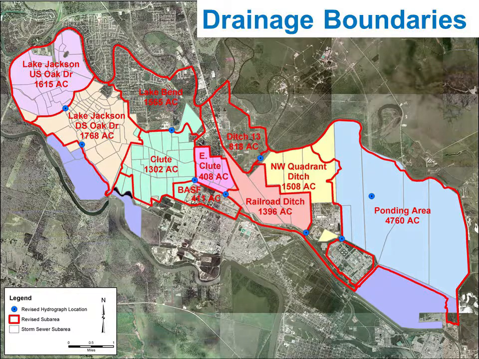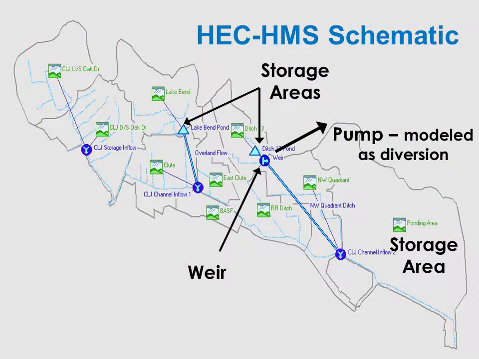So the HEC-HMS model looks something like this. You'll see some drainage areas aren't really connected, because there's no routing reach, and that's because this model's not being used to do any type of watershed impact analysis.